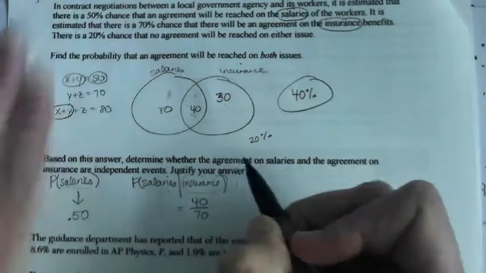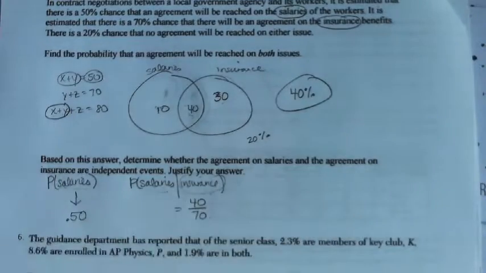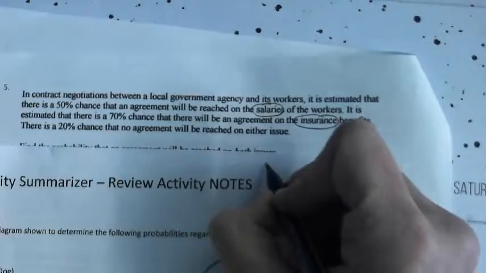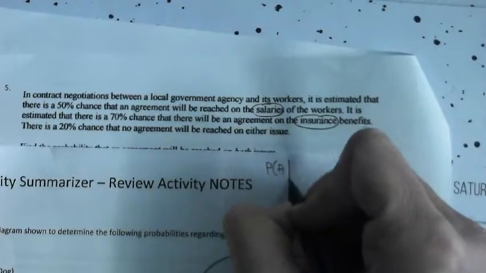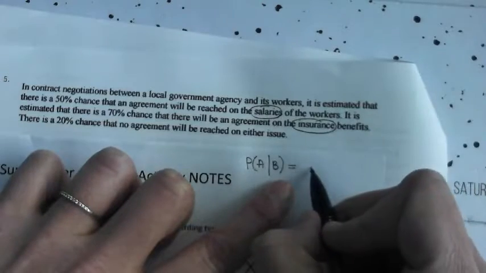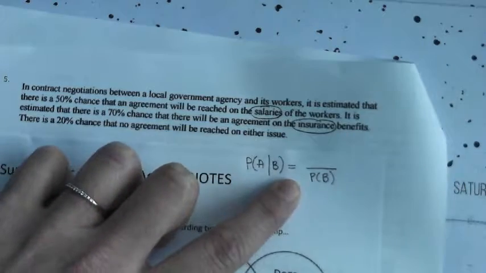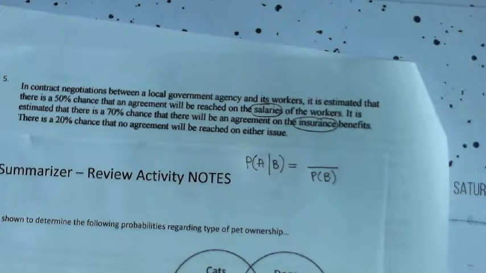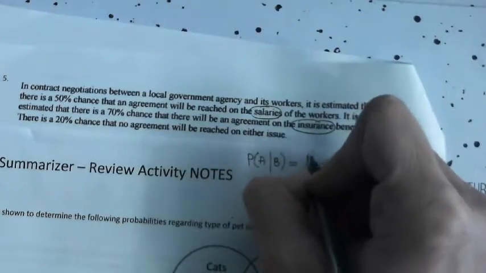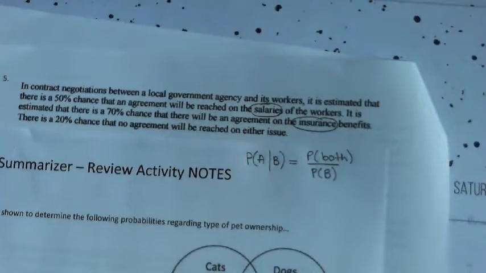Now let me do something for you that I want you to write on your note sheet. At the top, if I do the probability of A given B, that essentially means probability of B, not only B, probability of being in B at all. And on the numerator, it's the probability of both.